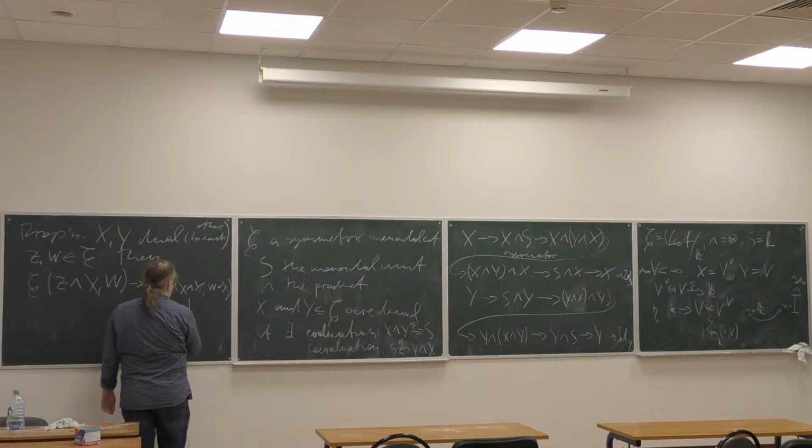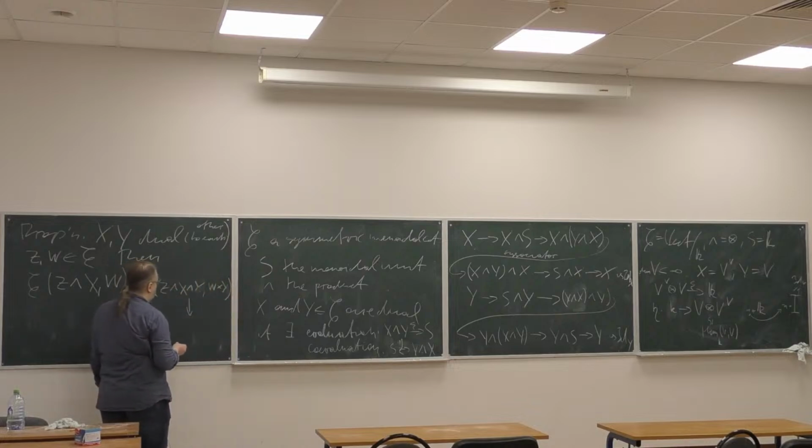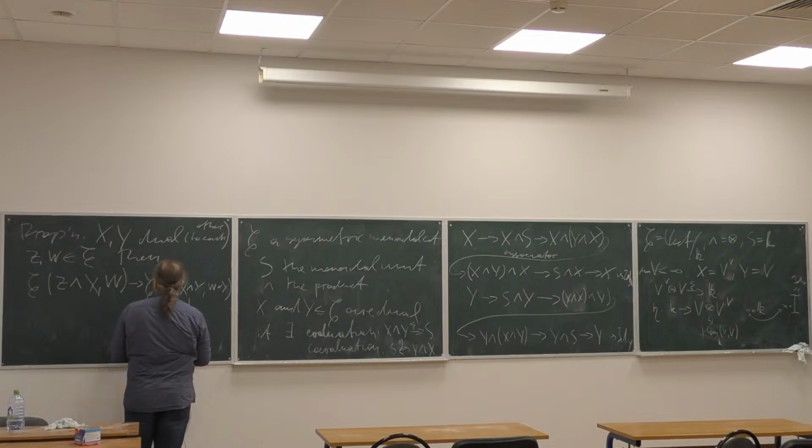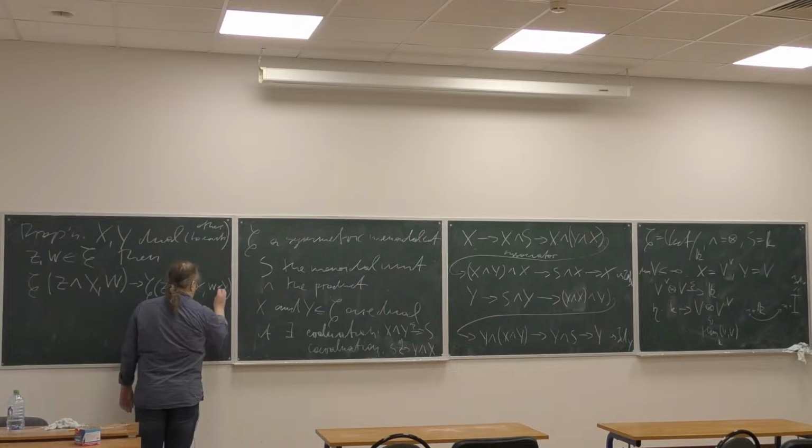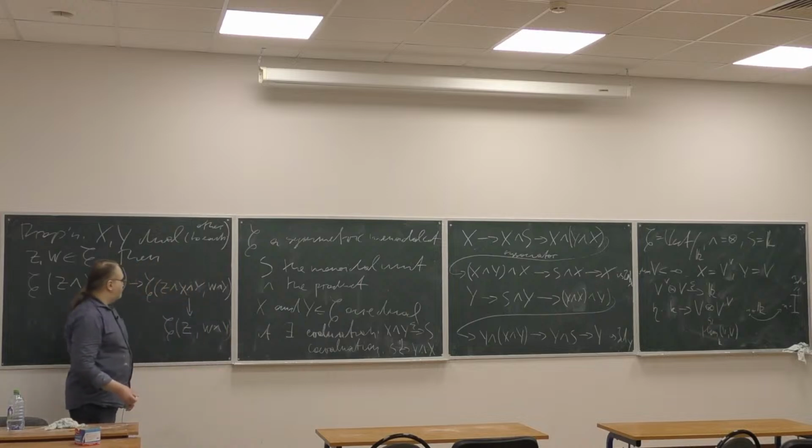Then I apply the evaluation map on the last two factors, and I end up in Z, W, sorry, wedge Y. Hold on.